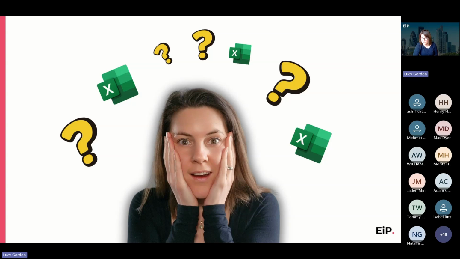Chan asks, do you have any advice on a systematic way of practicing modeling? Sometimes I try practice questions and fail to know how well I do. Yes, AI is not so good at being able to look at Excel spreadsheets, unfortunately. So as part of the EIP Academy, there is a course on how to pass modeling tests where I teach you to build a model in 90 minutes.